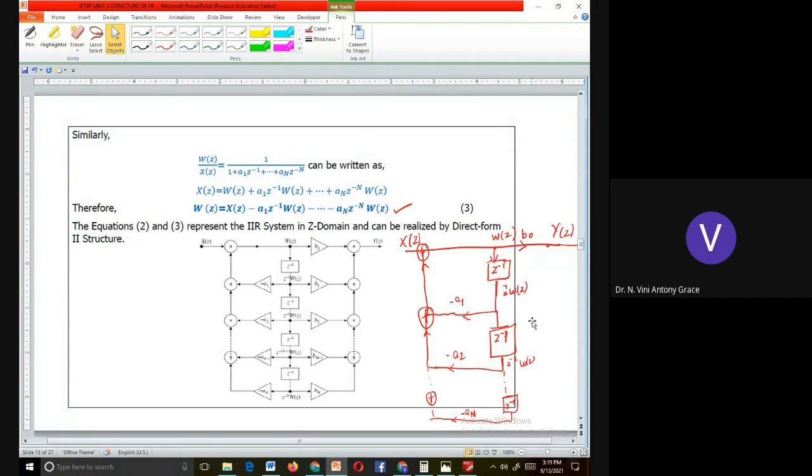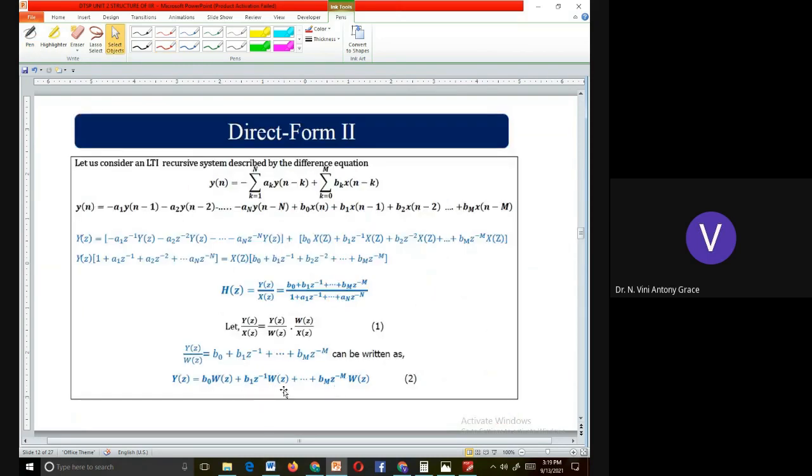Now this has to be multiplied with b1. What I will get? b1 into z inverse W of z. Now this second term has to be added to the previous term. This is b naught W of z plus b1 z inverse W of z. Third term will be b2 z power minus 2 W of z.